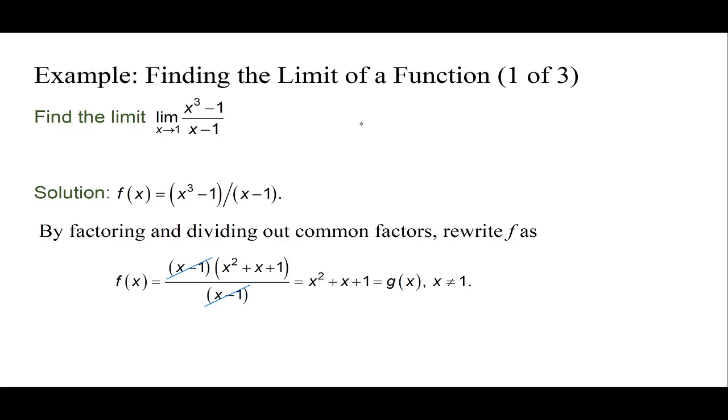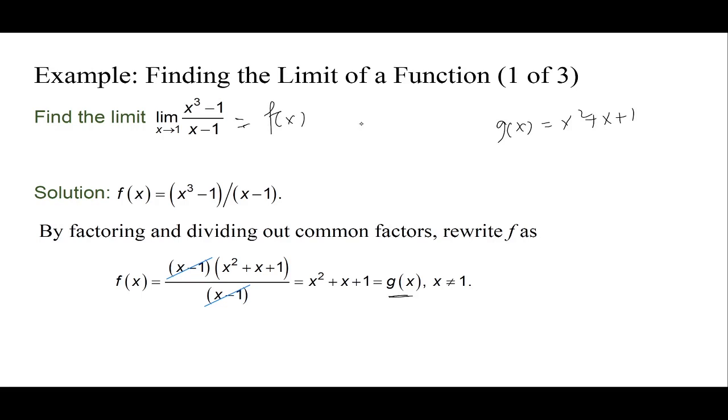That will give us x squared plus x plus 1. So here is the thing. We can view them as two different functions which are equal everywhere except at x equal to 1. So g of x, which is x squared plus x plus 1, let's assume that this is one function, and f of x is this one.